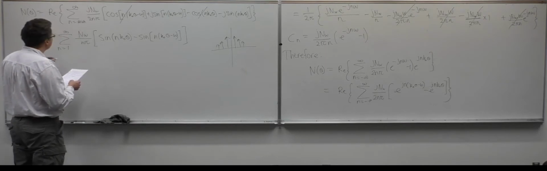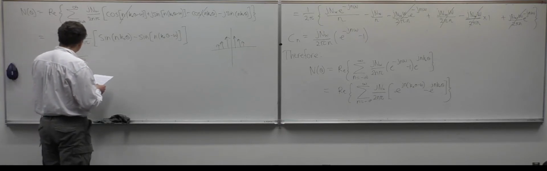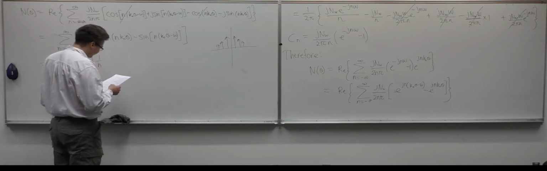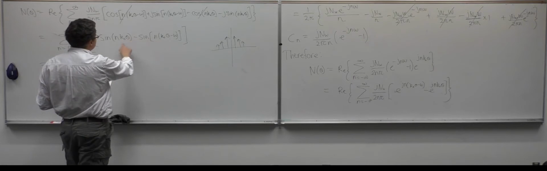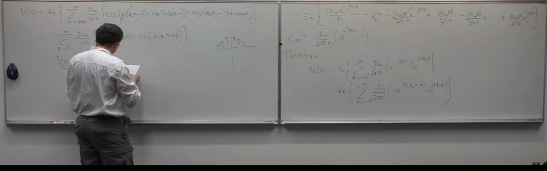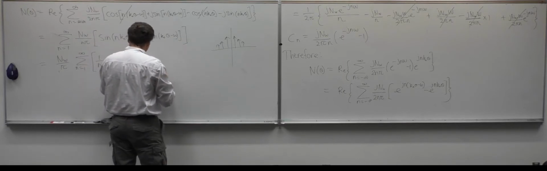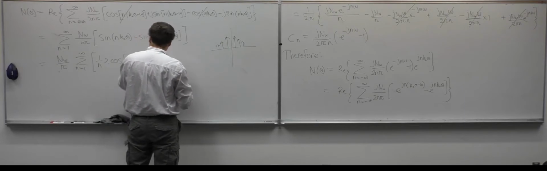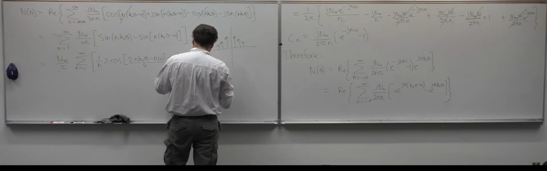Now this is sine minus sine, so we can use a trig identity to combine those. So we have n w over n pi, with n equals 1 to infinity. So we have 1 over n, and the sines, you add the terms and you subtract the terms within the sines, and then we get, using the trig identity, 2 times cosine of 2n k naught theta minus n w divided by 2, sine n w over 2.